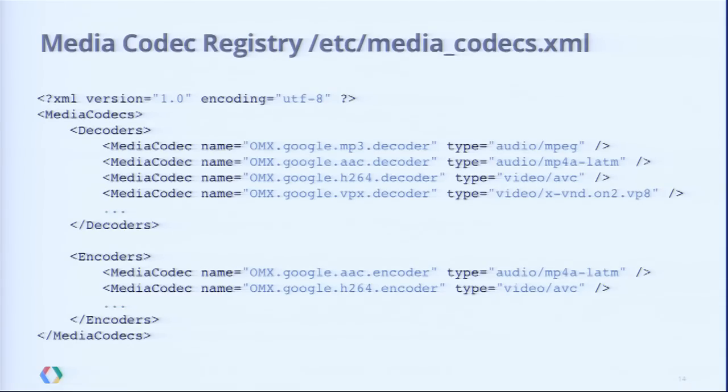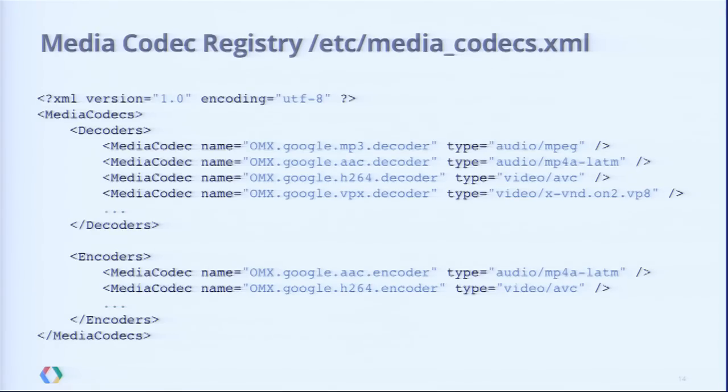In this XML file, you can see there are two lists of media codecs. One list is for encoders. The second list is for decoders. Regardless of whether it is a decoder instance or an encoder instance, each media codec entry has a single attribute for name.